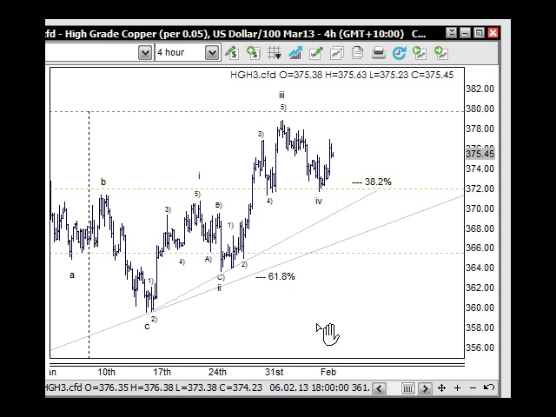So you see this 1, 2, and this strong third wave here. If we get a fourth wave and a fifth wave, if we get 5 waves here, then we'll see an A, B, C, and then further upside. But if we only get the 3 waves to the upside, then that would be a corrective wave. So that means this would be an A wave, a B wave, and a C wave back down to here, and then we go to the upside.